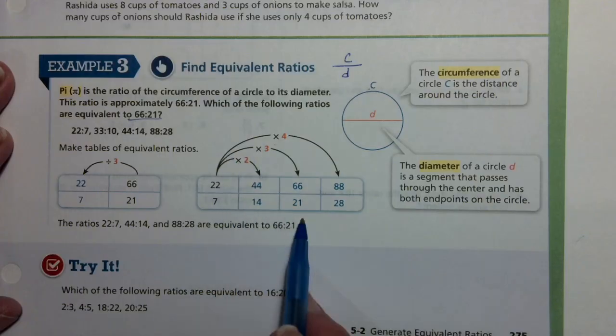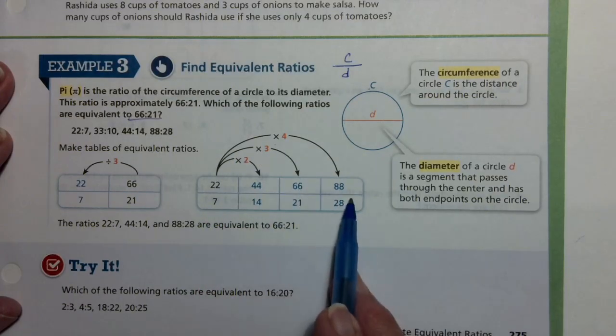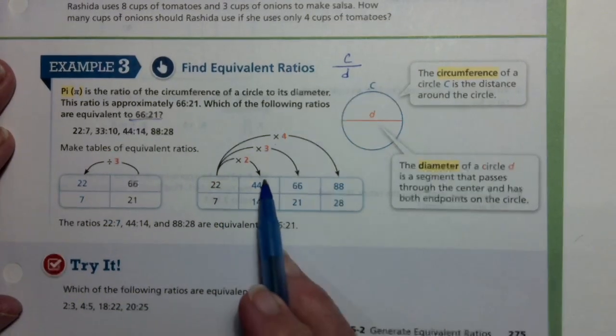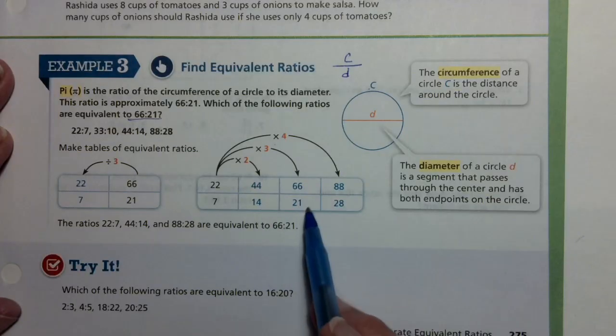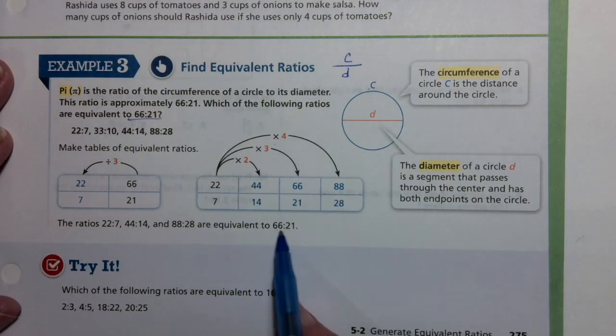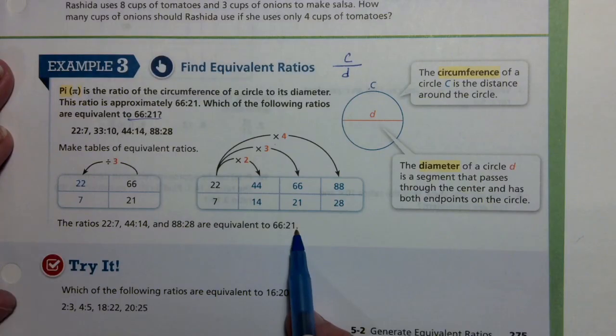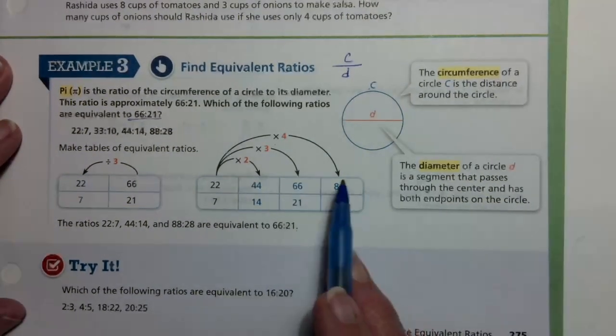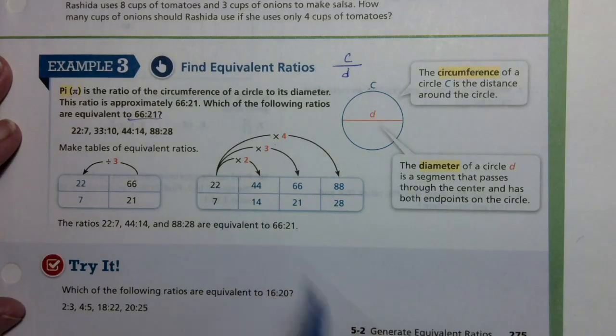Multiply it by 3, I get this. Multiply it by 4, I get 88 to 28. So it says the ratios 22/7, 44/14, 88/28 are all equivalent to 66 to 21. These are all equivalent ratios.